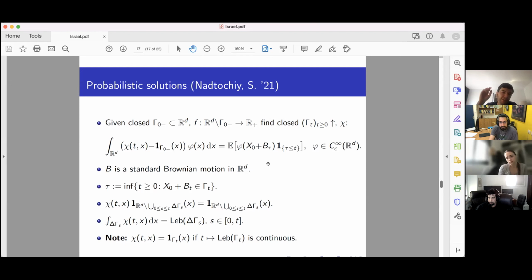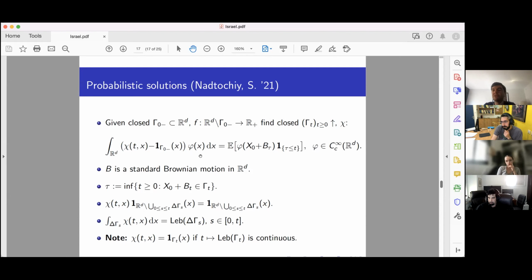Okay, and now what is the point of the test function? So the point of the test function is that, of course, in high dimensions, it's not enough to describe how the volume grows, right? That does not really tell you much about the geometry of the set. So the weak equation in the second line is a local version of what I just said, right? So you should really think of phi, for mathematical purposes it's convenient to take smooth test functions, but think of phi as the indicator of some small ball, small radius.